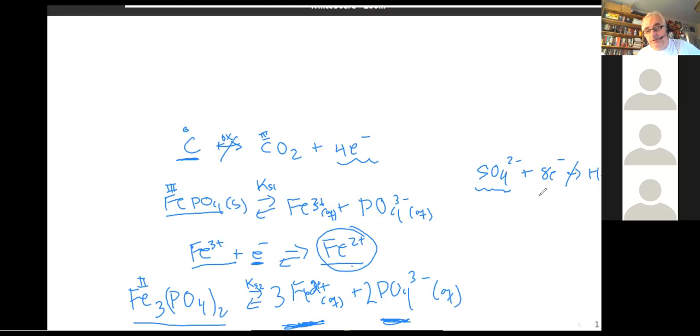I'm not sure. This is a possible exam work to determine this equilibrium constant, maybe, but it's difficult actually, because they're quite small, both of them. But my guess is that this one is 10 times more soluble.